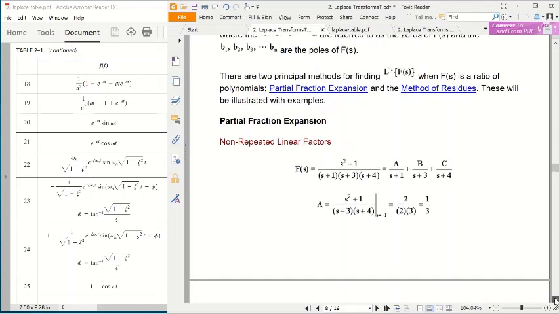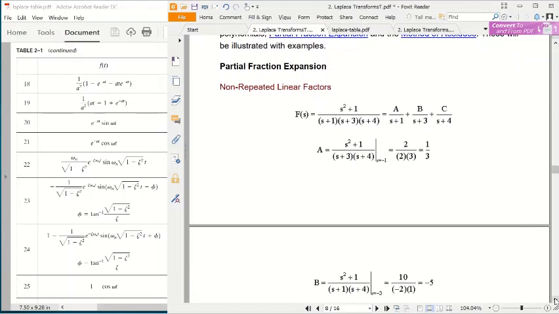So what is partial fraction expansion? Let's say we have a transfer function like this. We're going to expand or break this into fractions like this.